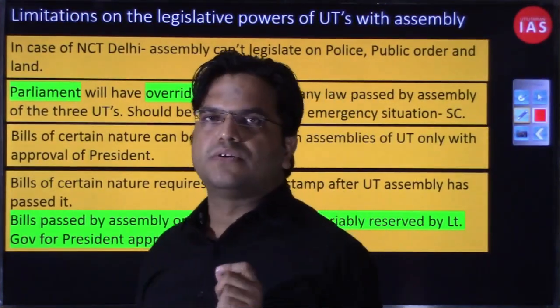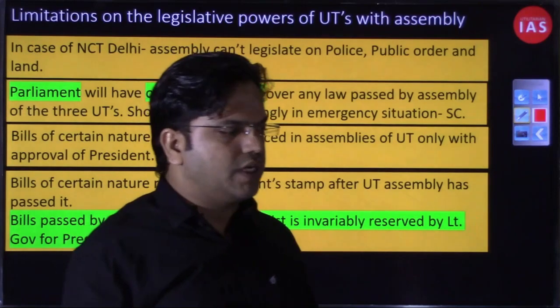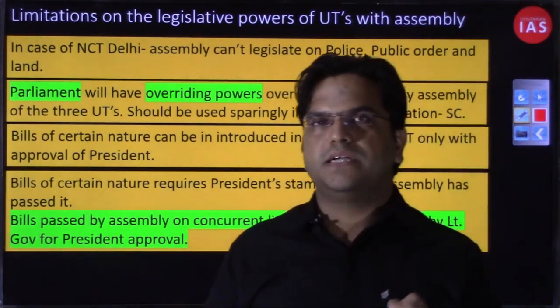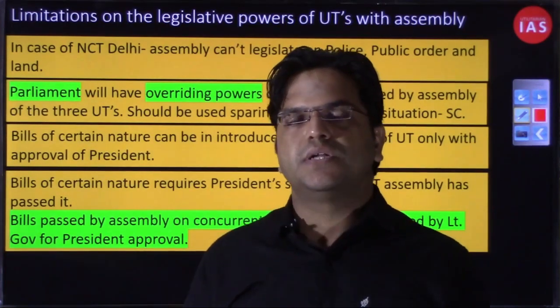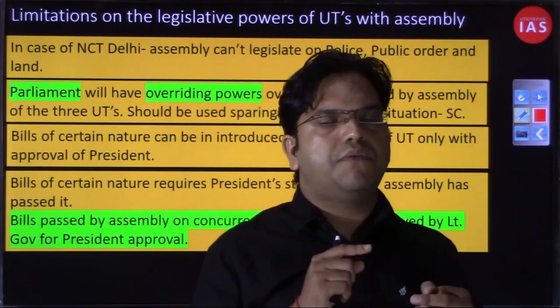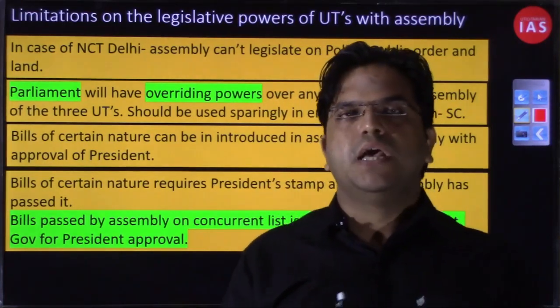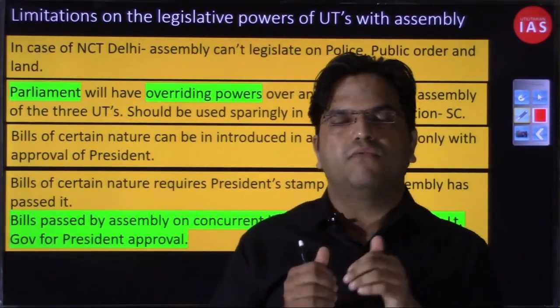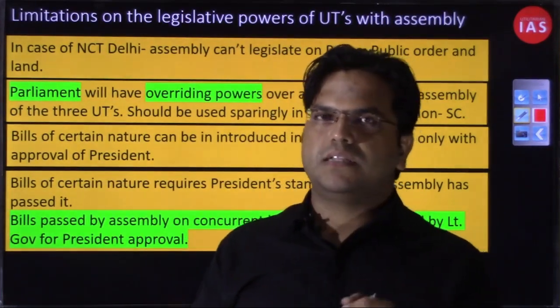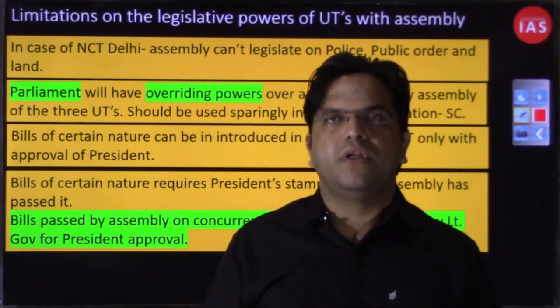There are certain bills that, even before introduction into these assemblies, require the President's approval. That is the first limitation. The second limitation is that there are certain bills that, after being passed by the assembly, will be presented to the President, and only when the President has given approval will that bill become an act.